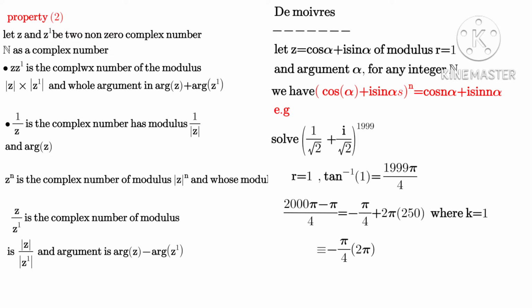But from De Moivre's theorem, we multiply the power with the pi over 4, and we represent 1999 pi over 4 as 2000 pi minus pi over 4, such that the minus pi over 4 is representing our principal argument, plus 2 pi times 250, where 250 can represent k. Our k is 250. That was an error. K is equal to 250. So we have our final answer to be that.